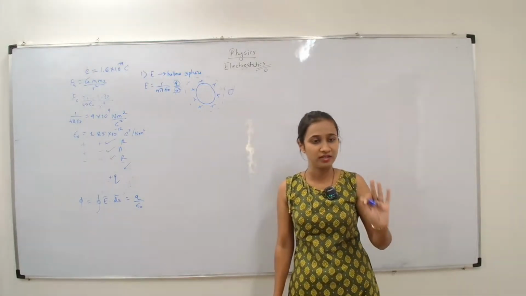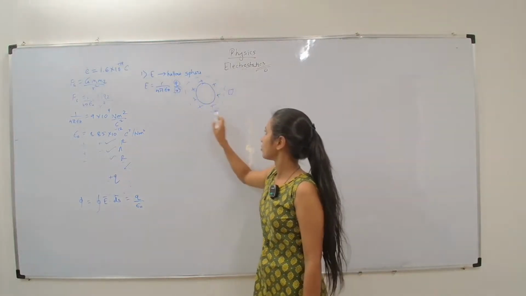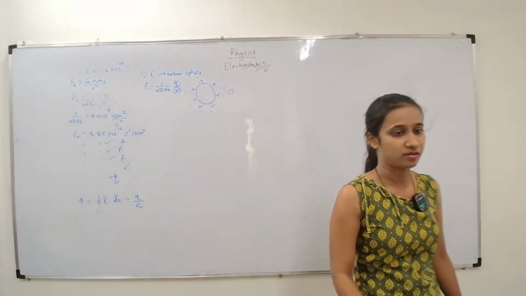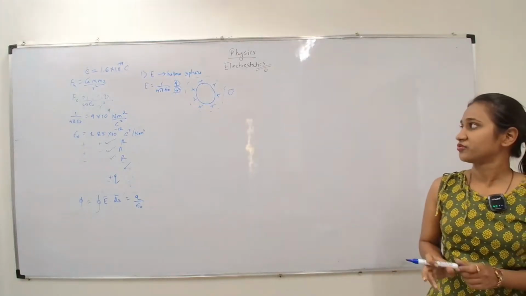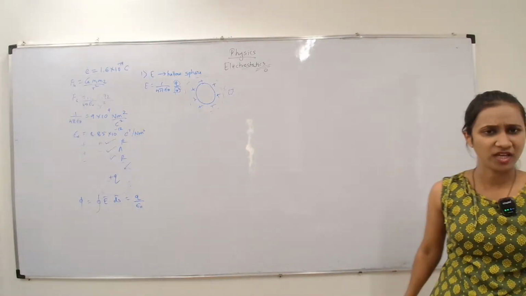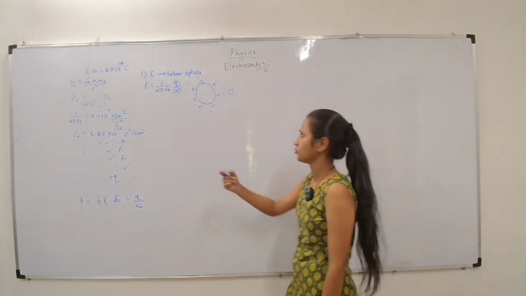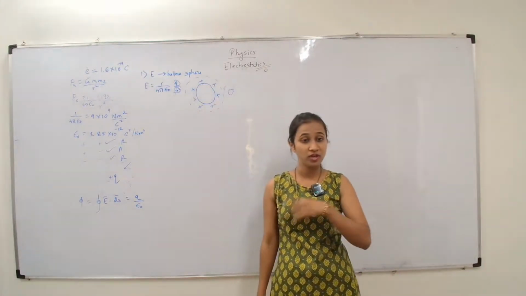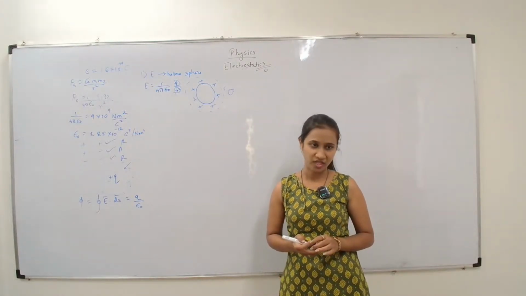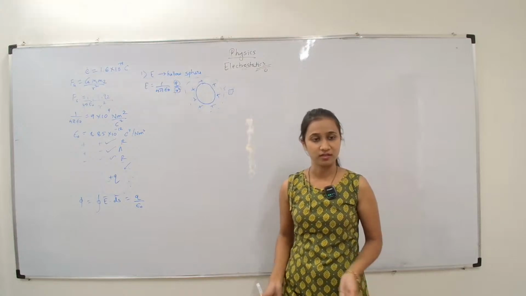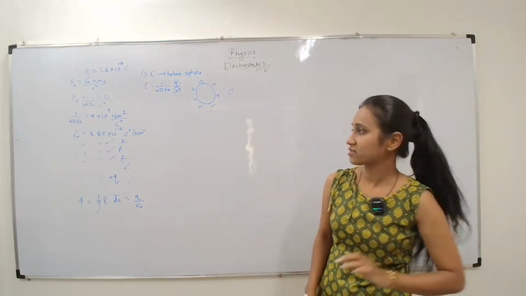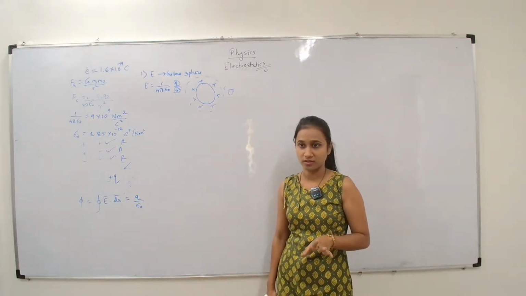So what matters here is the total charge enclosed and the distance of the point at which you have to calculate the electric field. Okay? Next, in numericals you are given the charge. Now coulomb is a much bigger unit, so usually charges are given in nano coulomb, micro coulomb etc. The conversion of micro is 10 to the power minus 6 and nano is minus 9. So firstly convert it into SI units, coulomb.